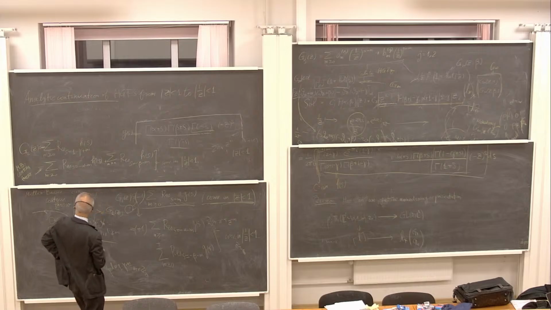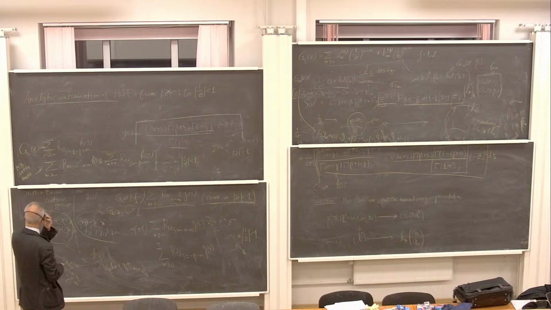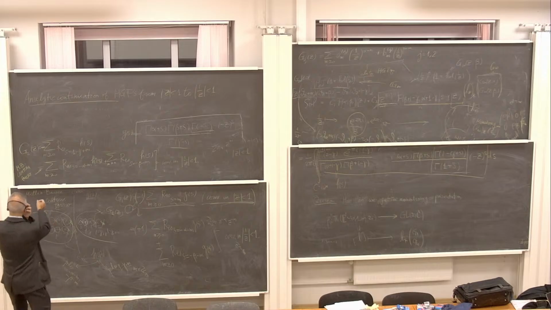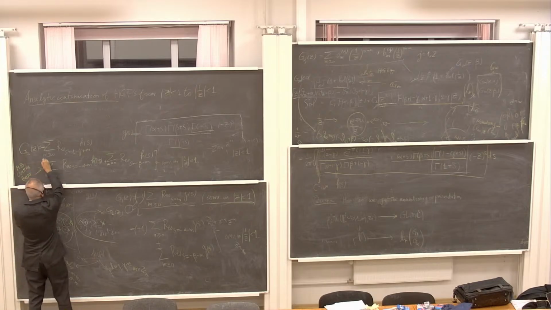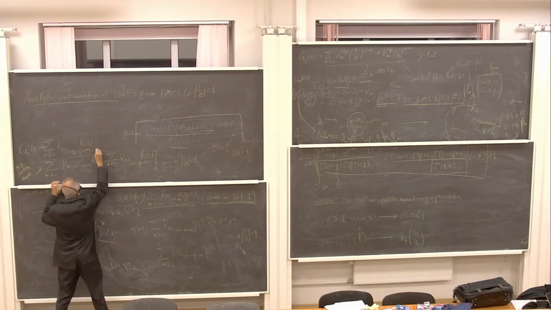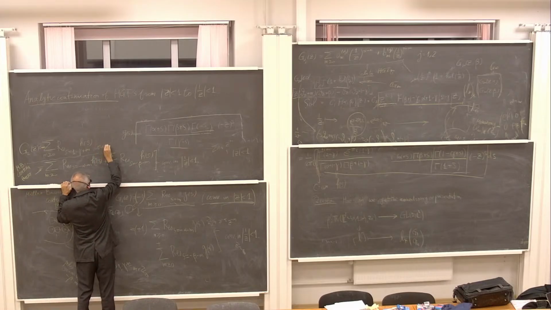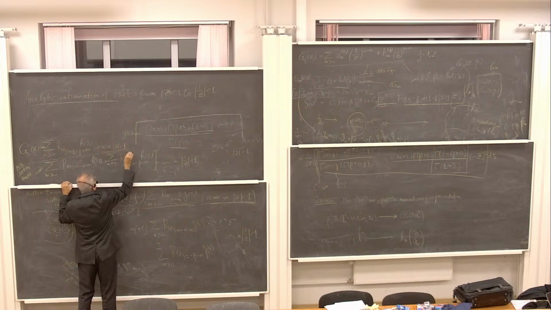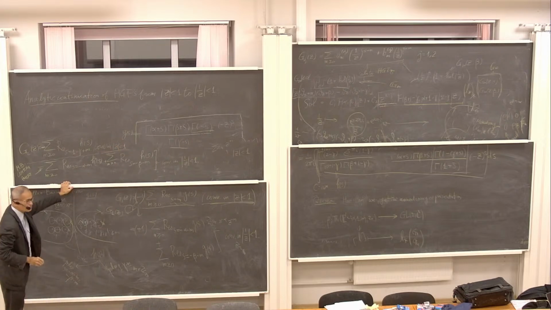And also I had G2, where G2, local expression of G2, this one, yes. This is convergent in here, this one also.